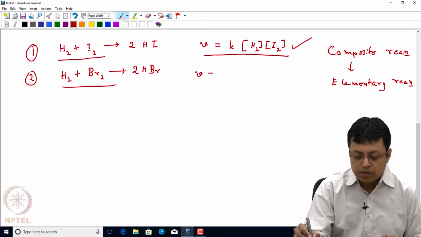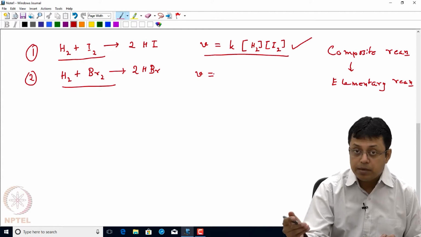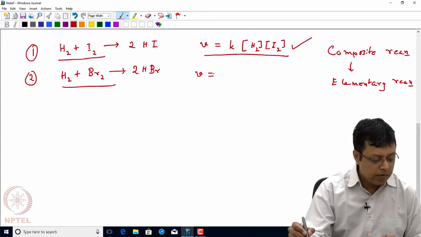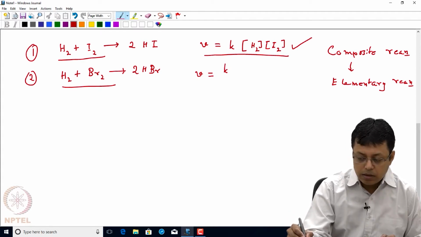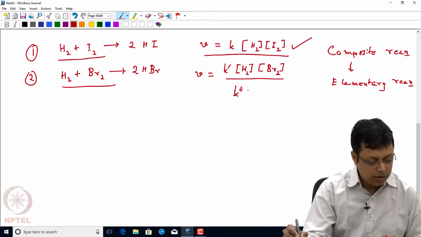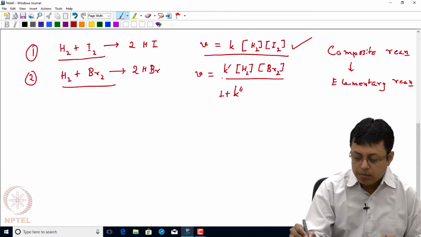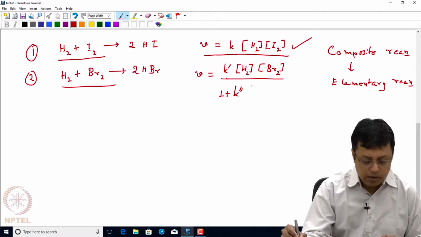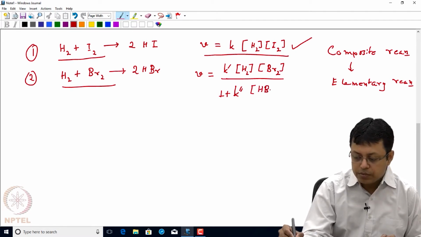For this reaction, the rate law, which is an experimentally determined quantity, is found to be a rate constant k prime times the hydrogen concentration times the bromine concentration, divided by 1 plus another rate constant times the HBr concentration divided by the Br2 concentration.